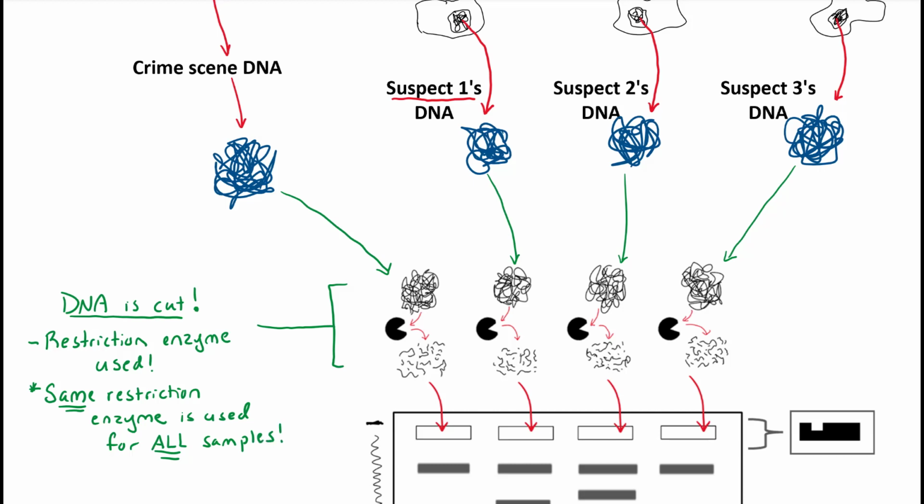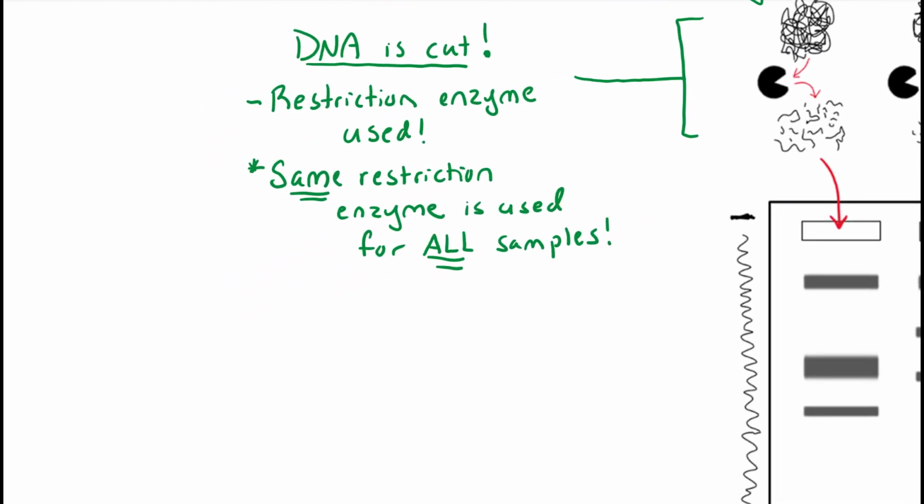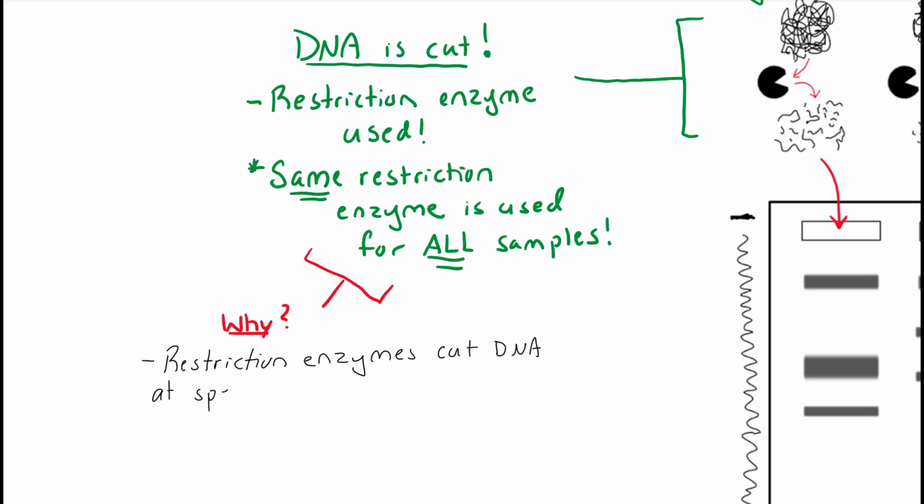And the same restriction enzyme is going to be used to cut up the crime scene DNA and suspect 1, 2, and 3's. Because if the crime scene DNA is cut up into a bunch of pieces of specific lengths, and one of the suspect's DNA is cut up the exact same way, that means they have the exact same DNA sequence. You only have the exact same DNA sequence as a sample if that's your sample.